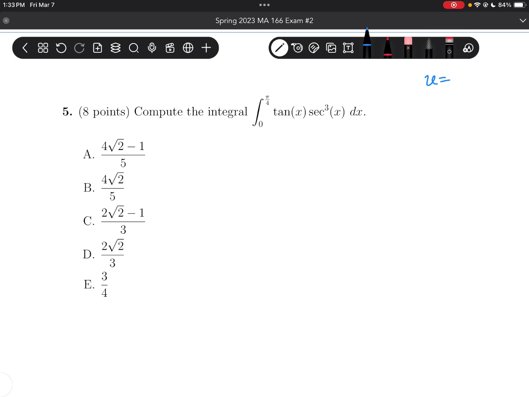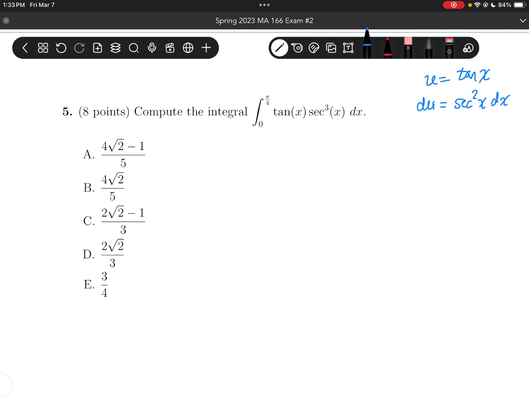U sub is when we set a function of x equal to some arbitrary variable u. So for example, I could set u equal to tangent x, and du in that case would equal secant squared x times dx.